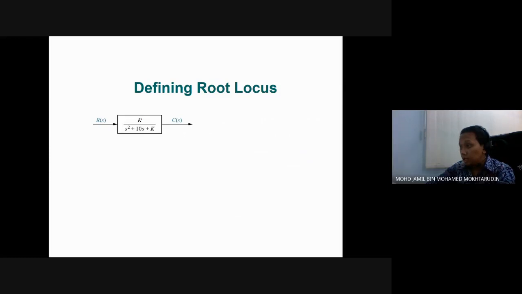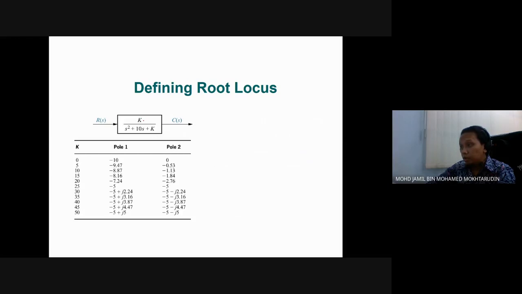From the transfer function, first what you need to do is to substitute values of K from, let's say, 0 to a value of K that is big enough, maybe reaching somewhere toward infinity. In the example given, it uses K equals 50.